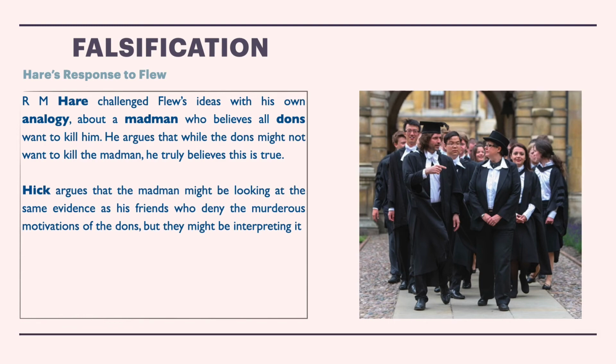John Hick comes along and argues that the madman might be looking at the same evidence as his friends who deny the murderous motivations of the dons, but they might be interpreting it differently depending on their worldview. Hick's ideas here come from his pluralistic hypothesis.